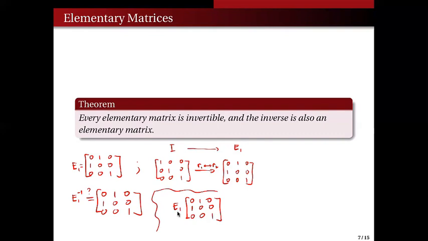So to get E1 from the identity matrix, we did this: row 1 interchange with row 2, which means we will also do the same thing on this right factor. And if we do that, we're just going to interchange row 1 and row 2, and we will have the identity matrix again.